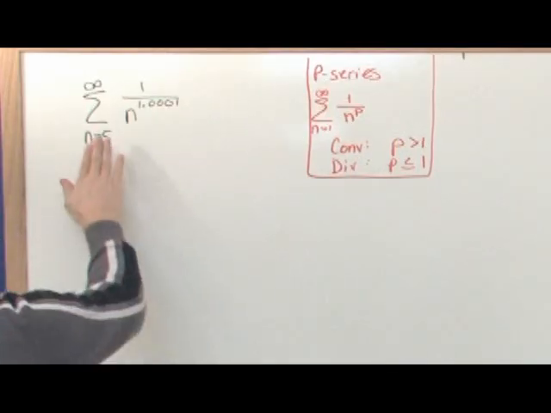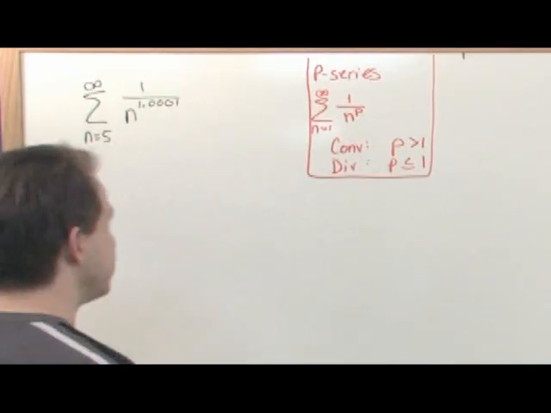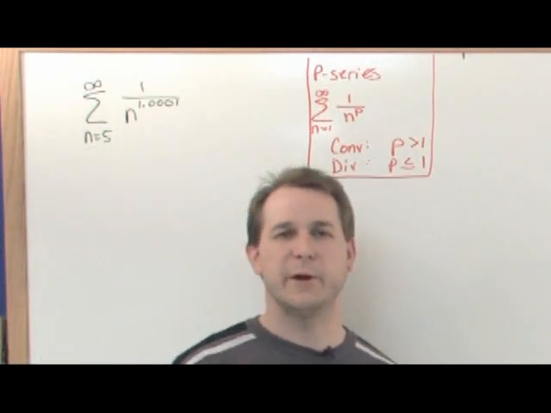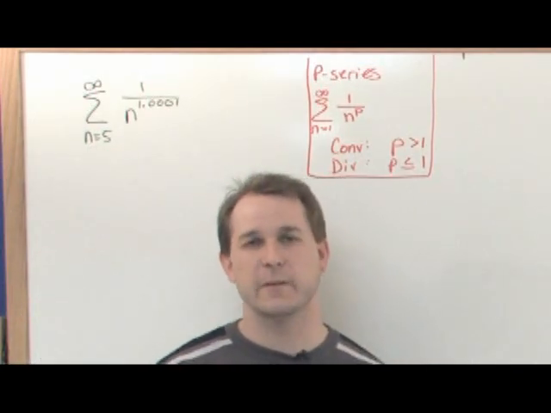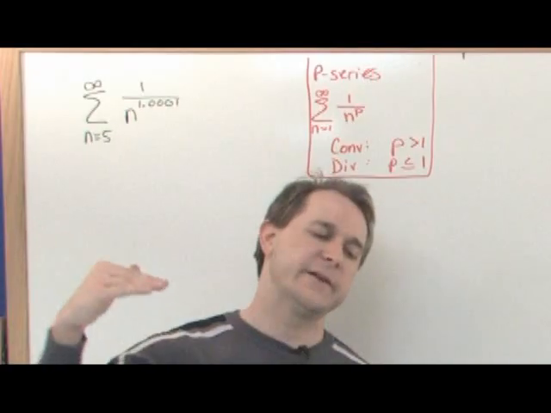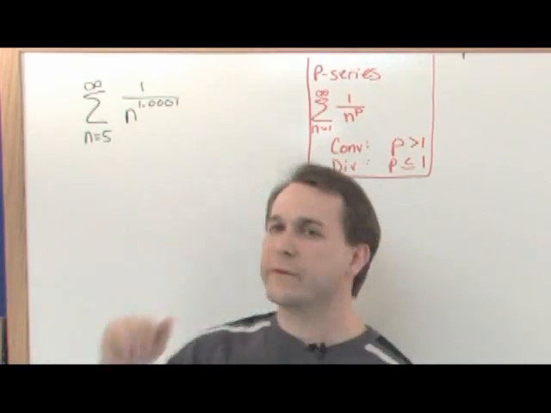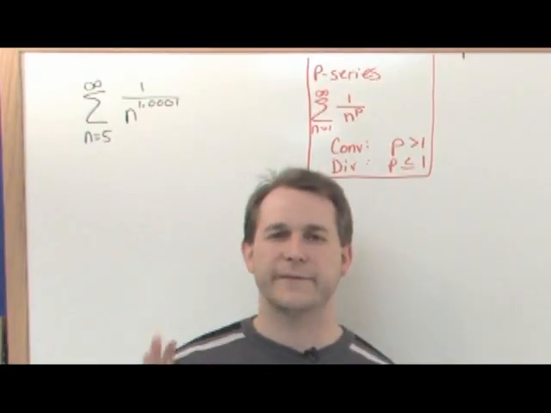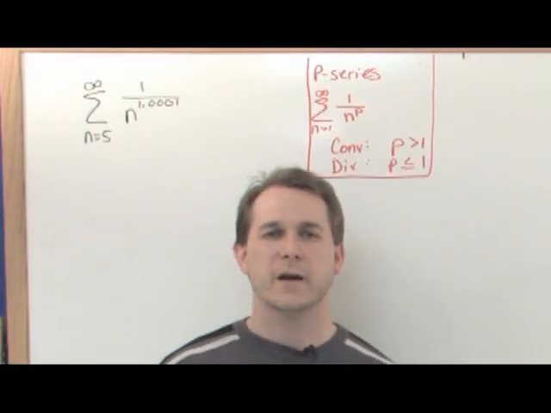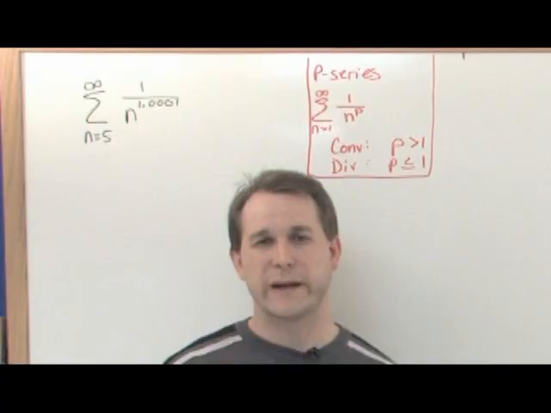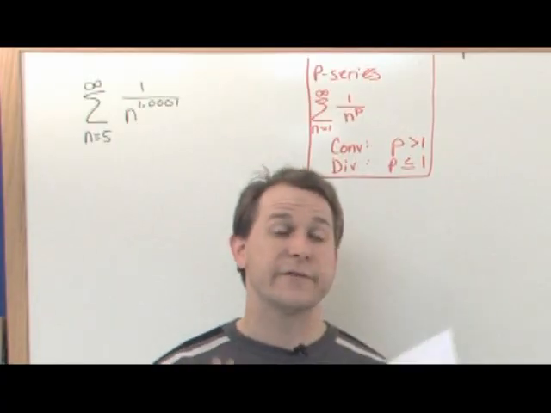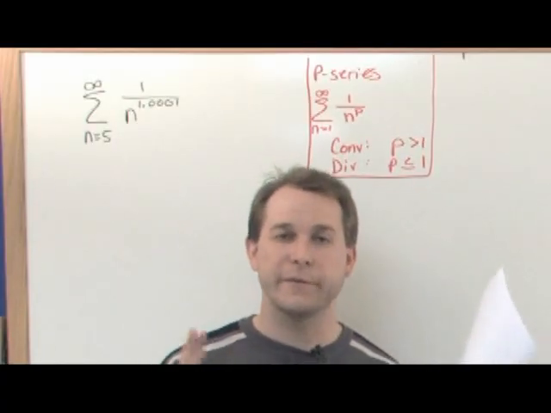The question is, does it matter if you start from 5? Let me do a little thought experiment with you. What you're doing is an infinite sum of things, and what you're trying to do is find out if that infinite sum converges to a number or not. The fact that this one starts at 5 rather than starting at 1 doesn't really matter, is the short answer. It matters if you were trying to actually calculate the sum of the series.